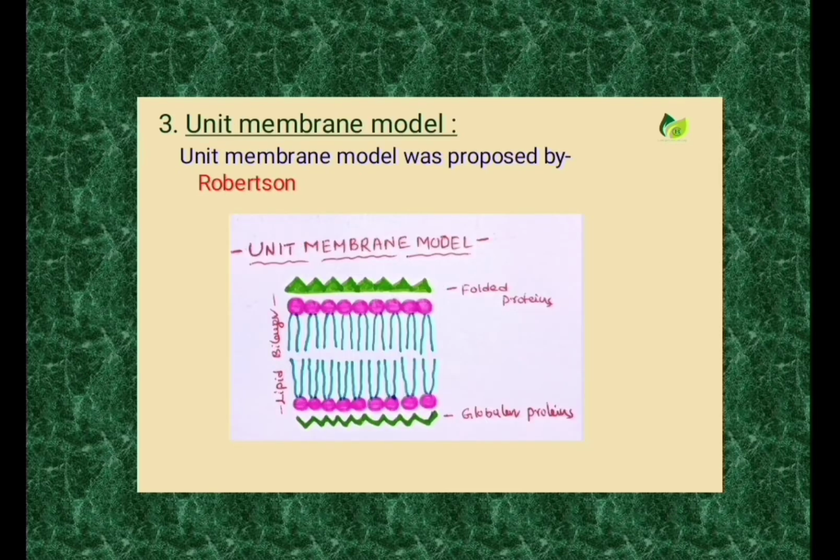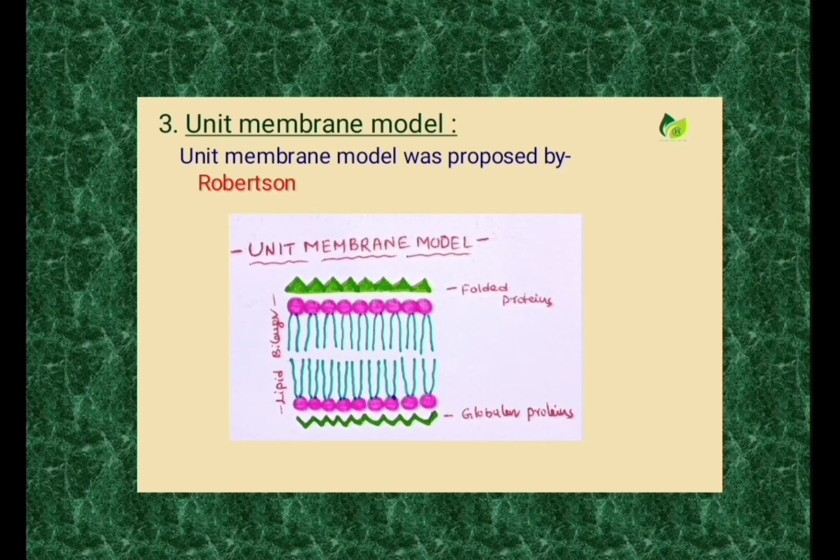Next model, the unit membrane model. This is the third model proposed by the scientist Robertson. He found that all biological membranes appear to be made up of lipid bilayers.